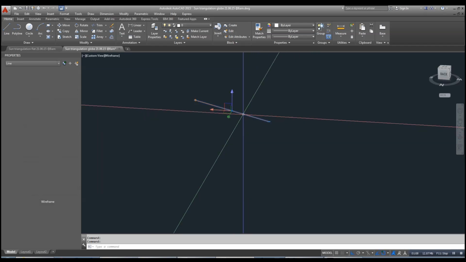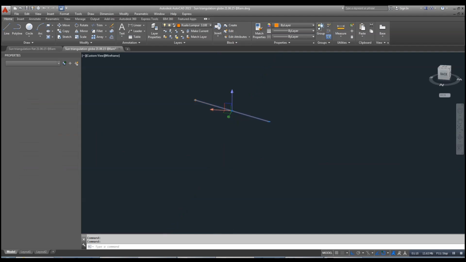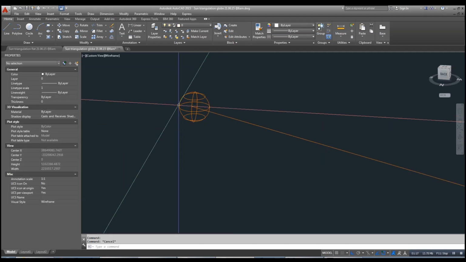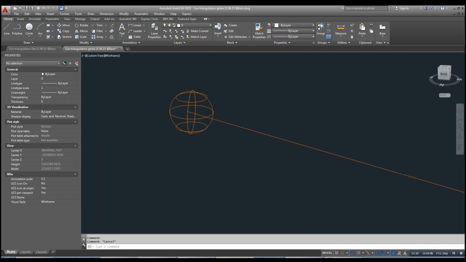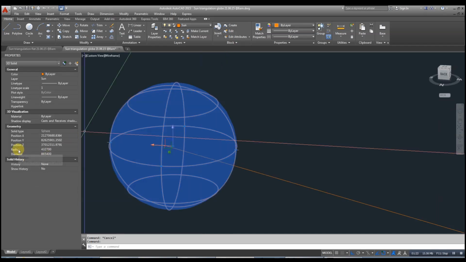If I click on that line, it tells me over here, look, it's 93 million miles. And the sun is drawn to scale as well, as was the globe, by the way. If I click on the sun, it's a sphere with a radius of 432,700 miles, and a diameter of 865,400 miles.